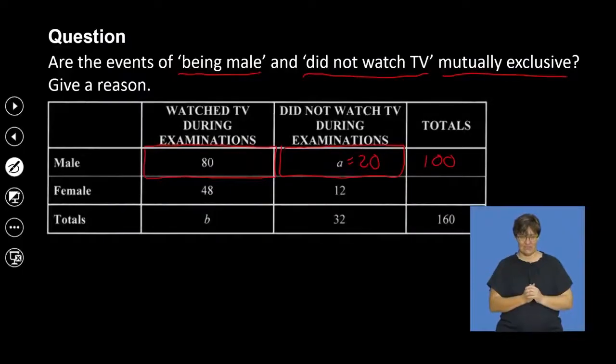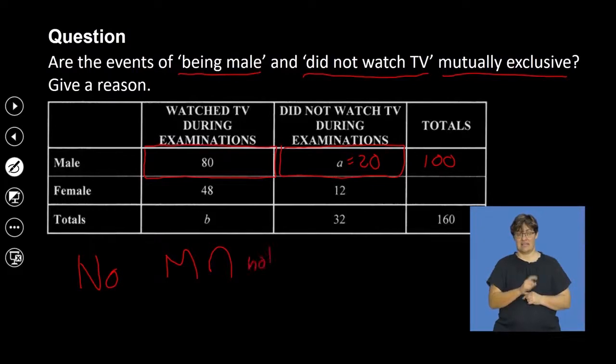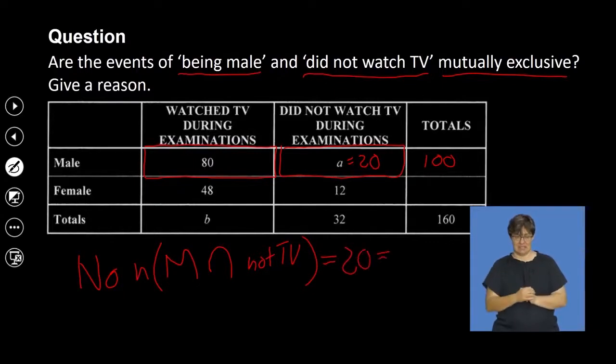So the answer is no, because the number in the intersection of maleness and not TV is equal to 20, and therefore it's not equal to 0. If they were mutually exclusive, those two sets would not intersect.